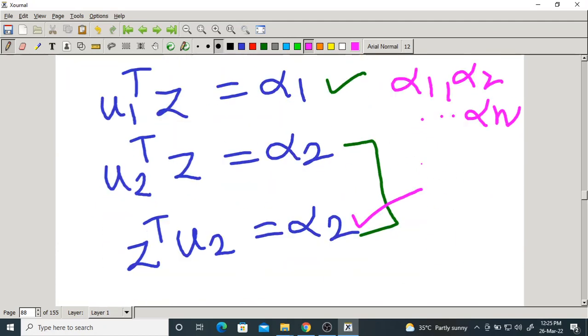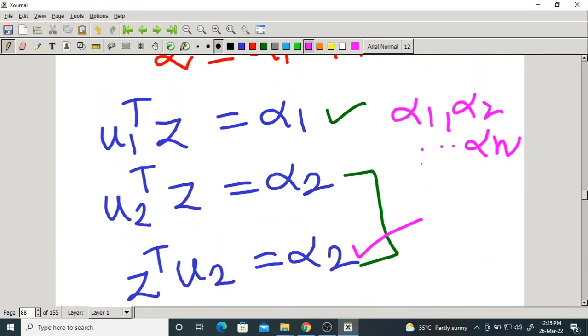What is this? u1 dot z. And u2 dot z. So simply by taking the dot product, we are able to find all the scalars, or all the coefficients of z, like alpha 1, alpha 2, alpha n. Isn't it? Okay.